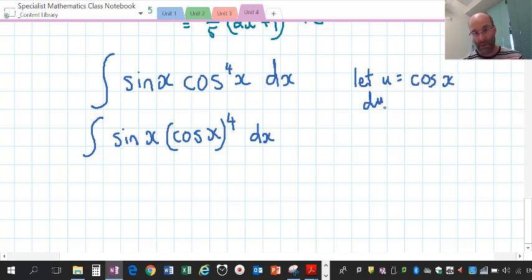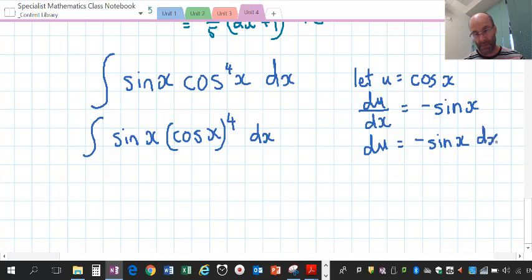Du dx, the derivative that we need, is negative sine x. So du equals negative sine x dx. This step here is usually done mentally. I'll put it in light blue.